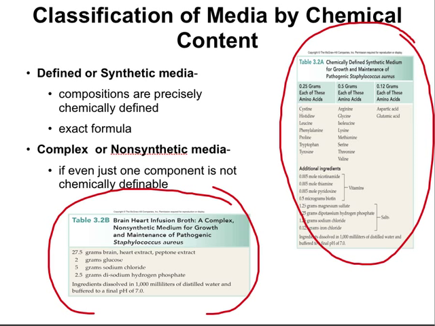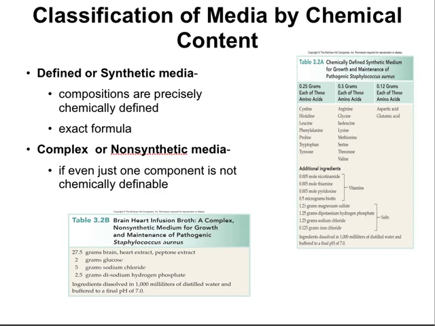So again, defined media, we've defined exactly what's in there. Whereas complex or non-synthetic, we have more ambiguous things like ground cells and tissues. It might be things like blood serum or meat extracts or milk, maybe even yeast extracts, soybean digests, or peptone.